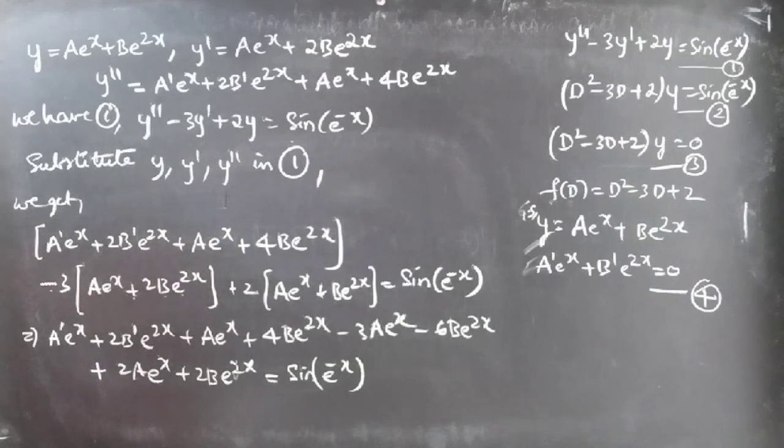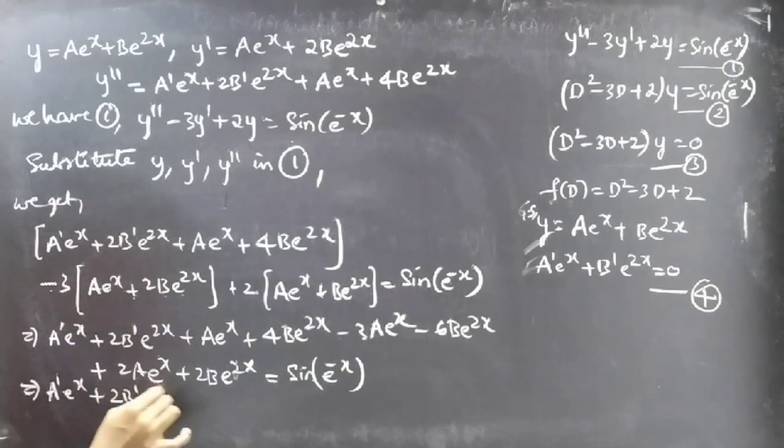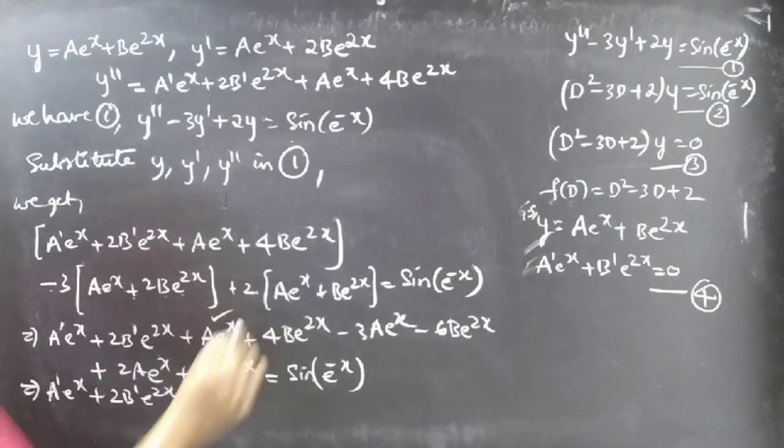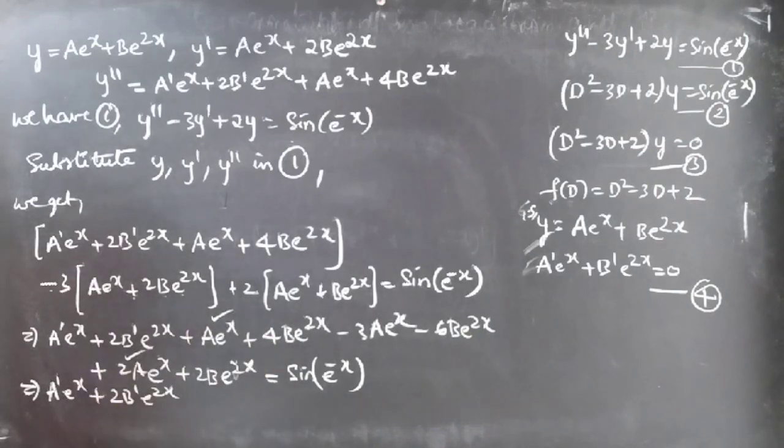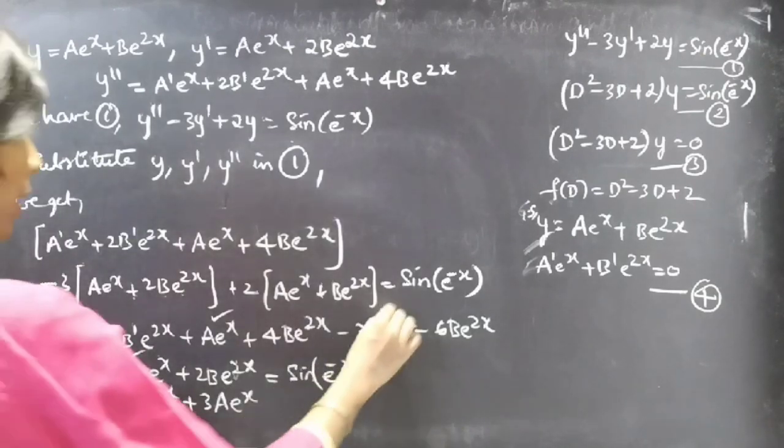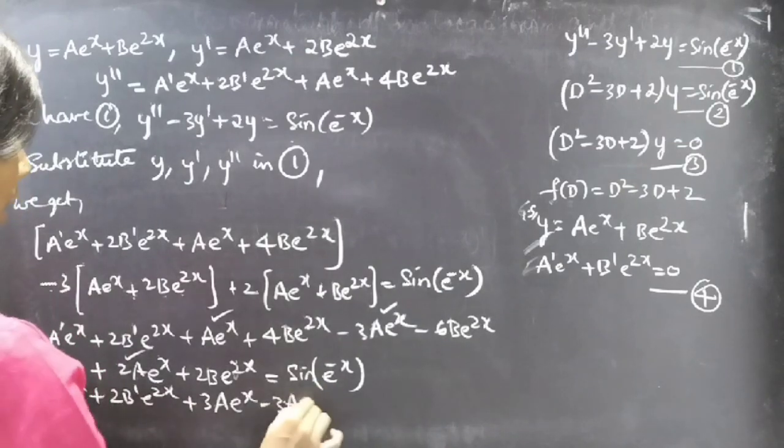Here, write the first two terms as it is. a e power x plus 2a e power x is plus 3a e power x, minus 3a e power x.